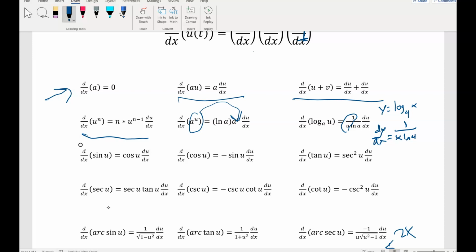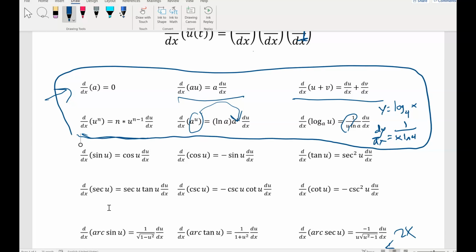You just have to know, this might take a little bit of memorization. These on the top won't take as much memorization because you'll do so much practice that they'll just get stuck in your head. These don't show up as much, so you might have to take some time to memorize them before the exam, and you might as well do it right away. That way it'll make your homework go quicker.